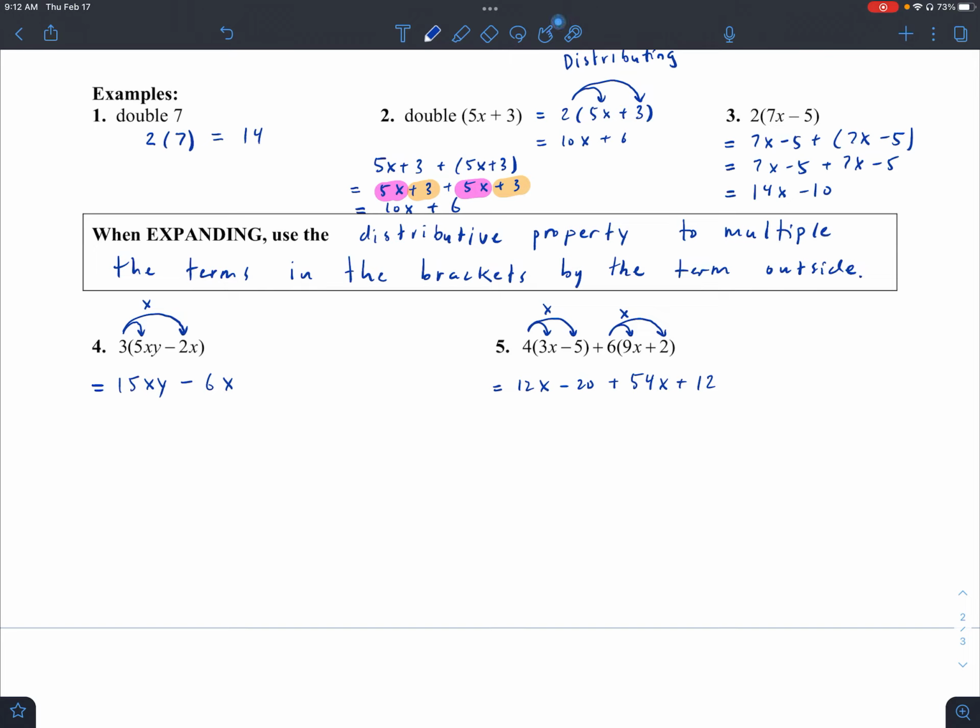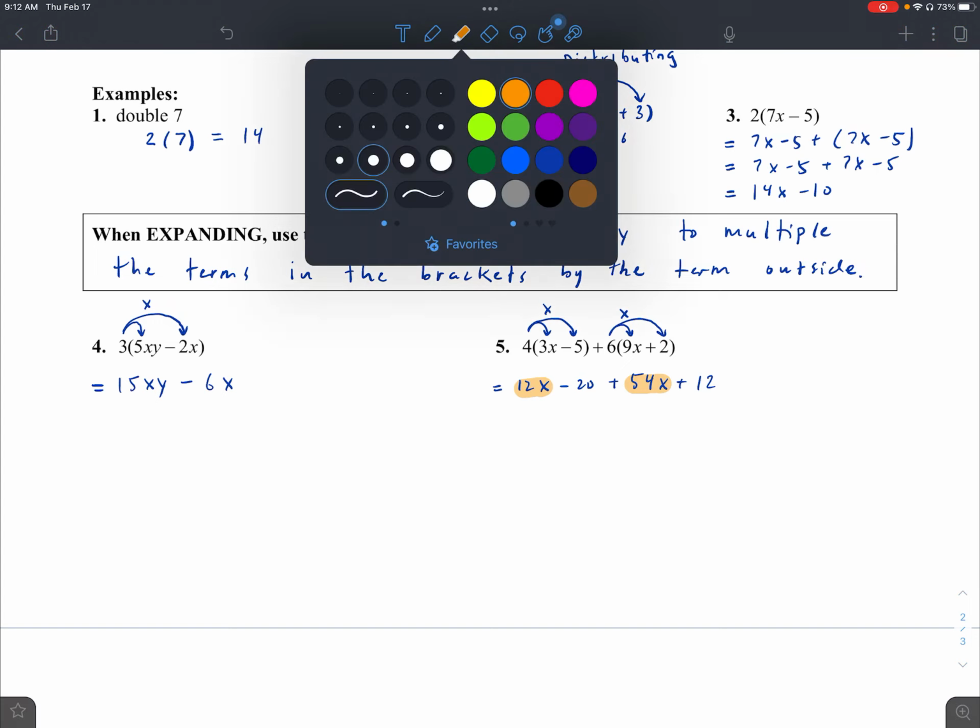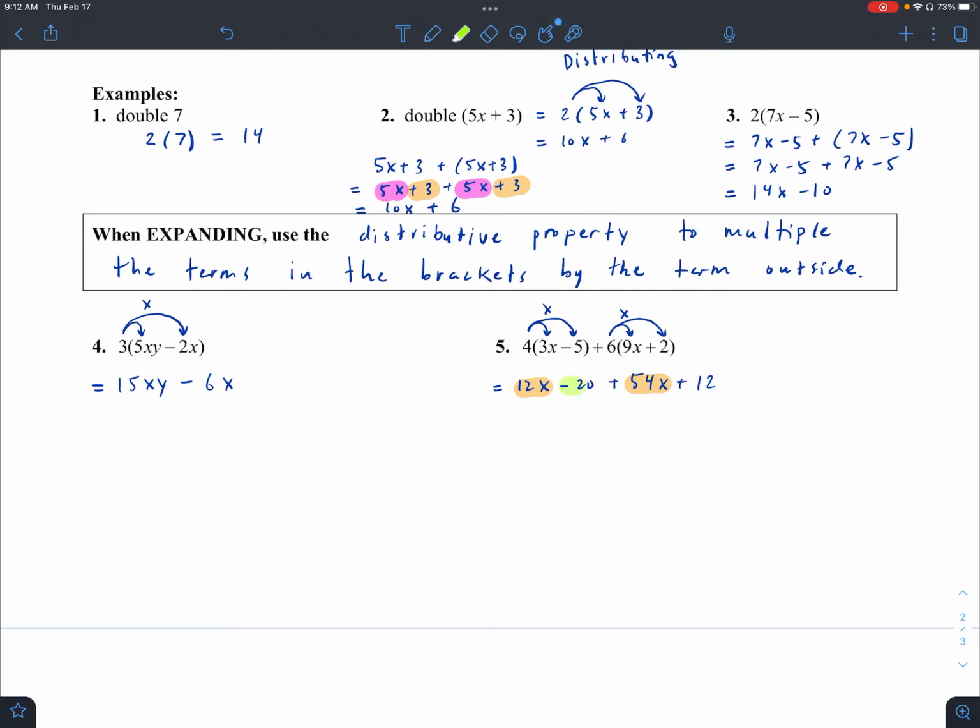And now, this is important, you wouldn't just stop here. You have to always look to collect like terms. And we have like terms. So identify the like terms, 12x, 54x, as well as the constant terms, negative 20 and positive 12.